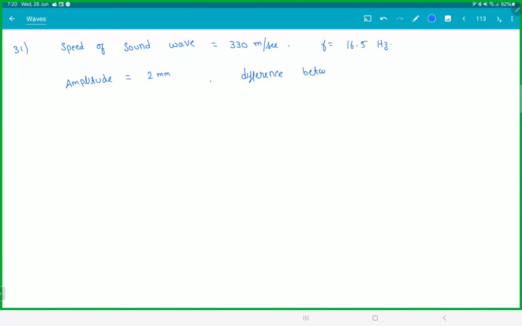Difference between max and minimum pressure in a region is 20 pascals. Find bulk modulus.